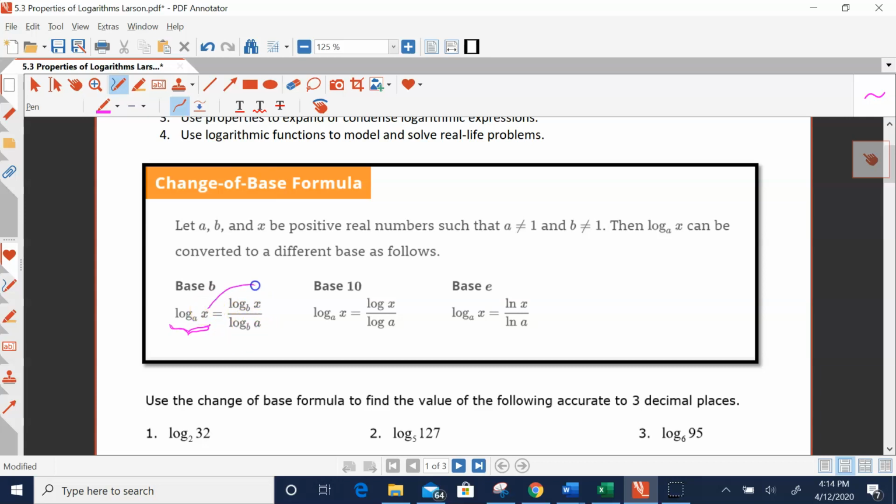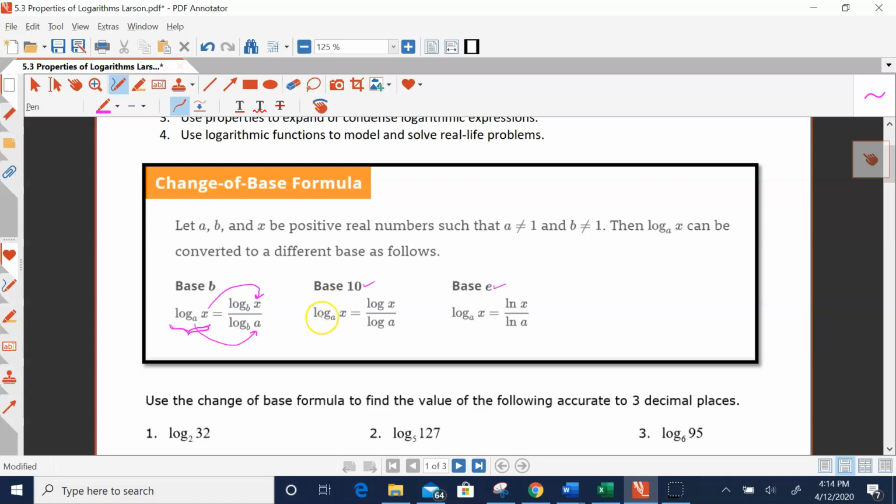So really, I just put the x on top, this base of a on the bottom, and then log both parts. And that log is going to be a new logarithm, and I'm going to choose that log base b to be either base 10 or base e, one that my calculator will perform.